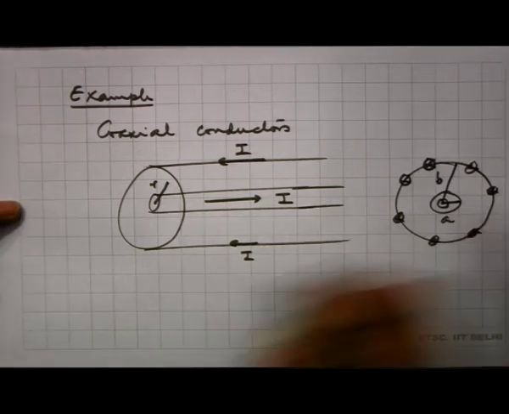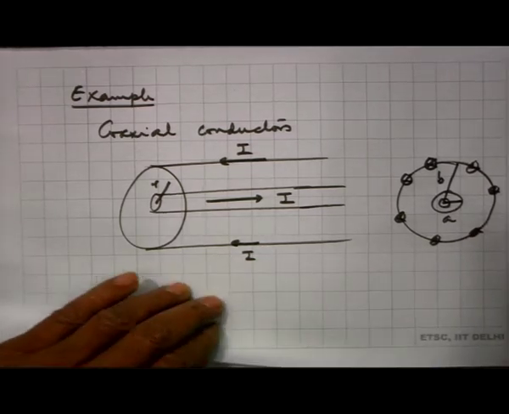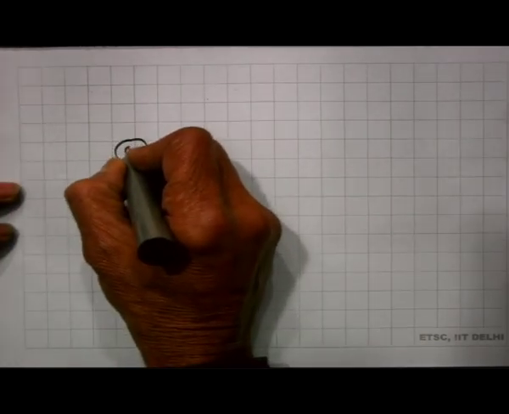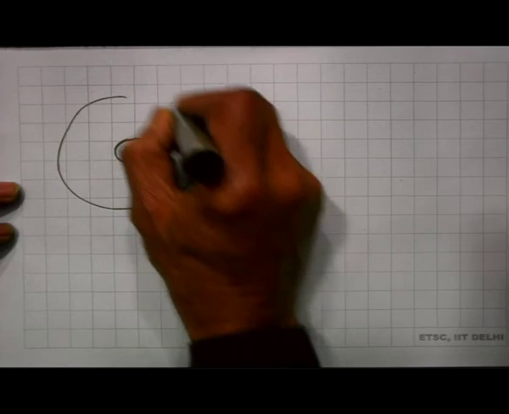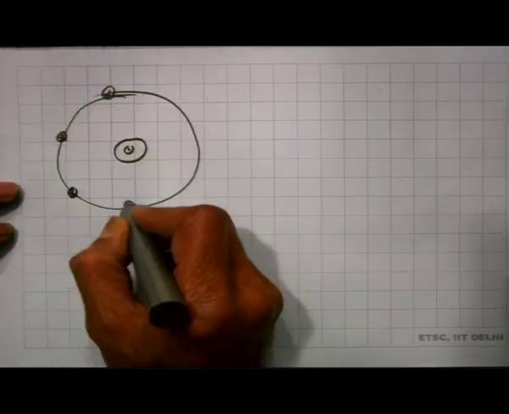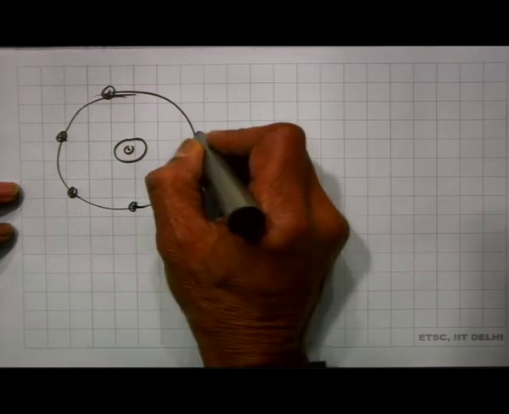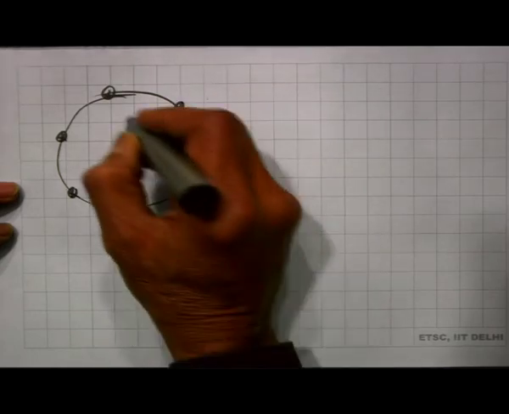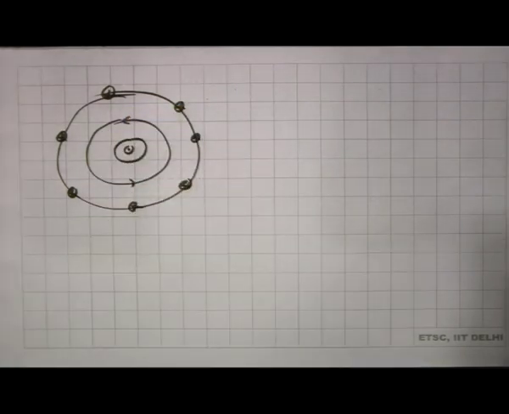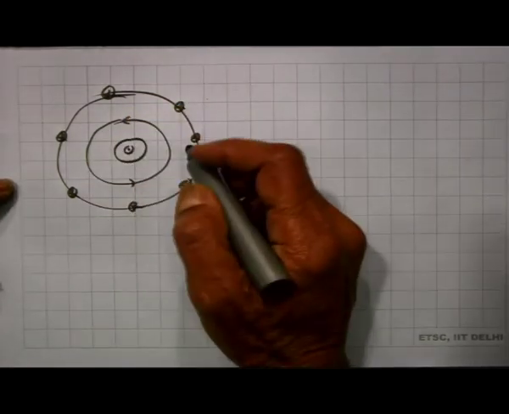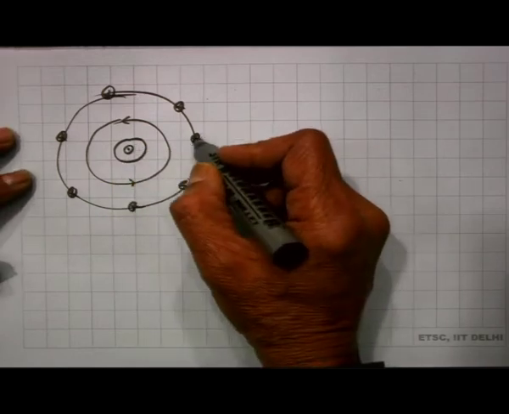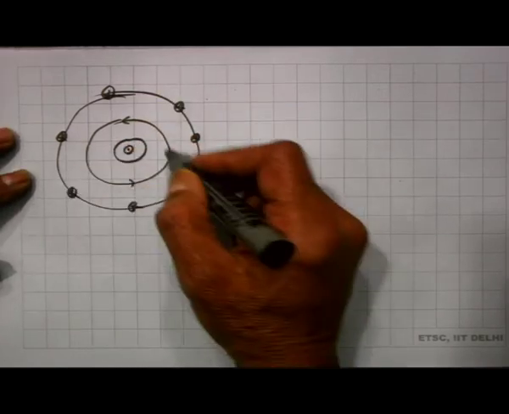So, what I do is I take a path of integration. This is my inner conductor, that is the outer conductor here. The current is coming towards me in the central conductor and away from me in the outer one. So, I take a circular path here. As you can see, the outer current is not enclosed by this path.